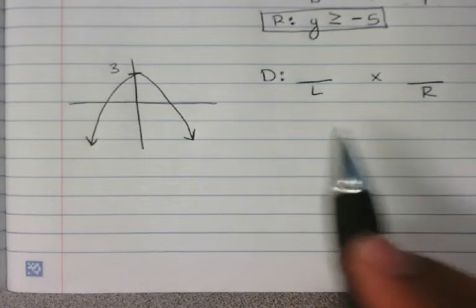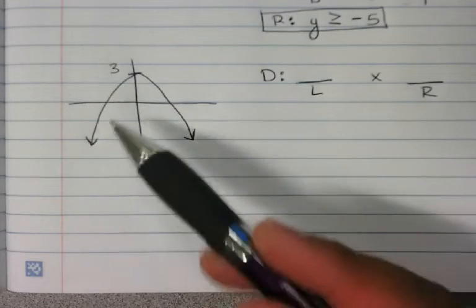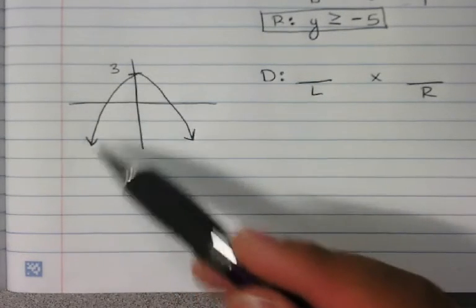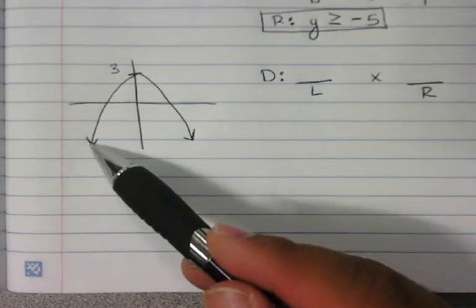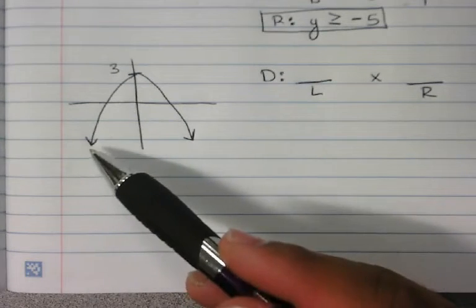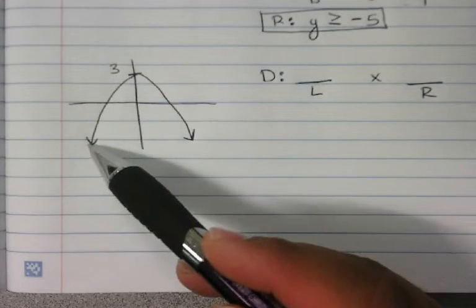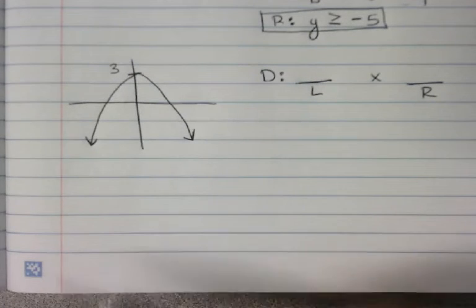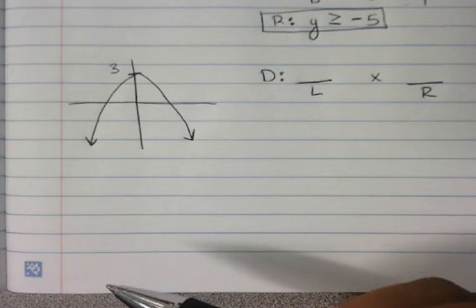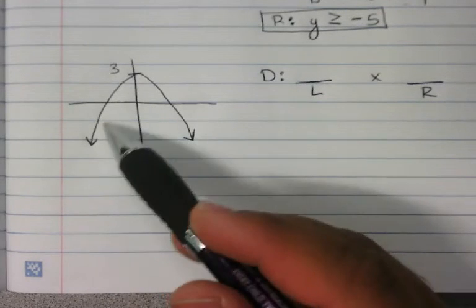So your left number. If I look furthest left on this graph, what is going to happen? Is there going to be a left number? Yeah. What is it? Infinity. Good, negative infinity, because it's going to the left.